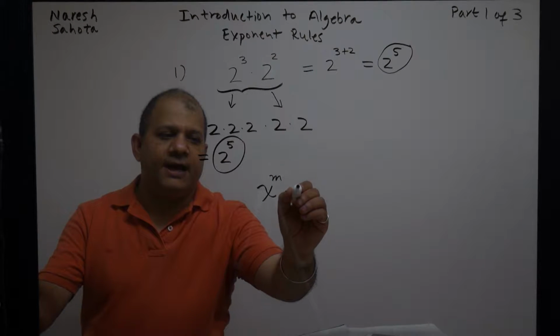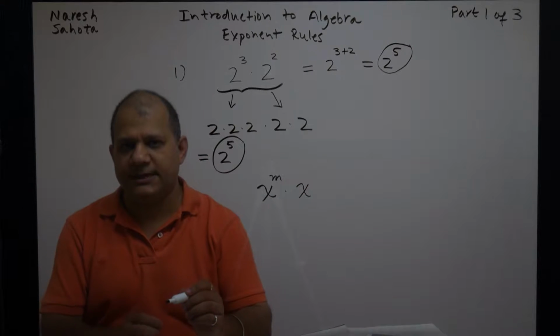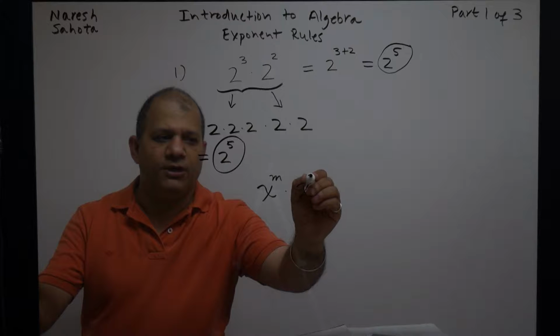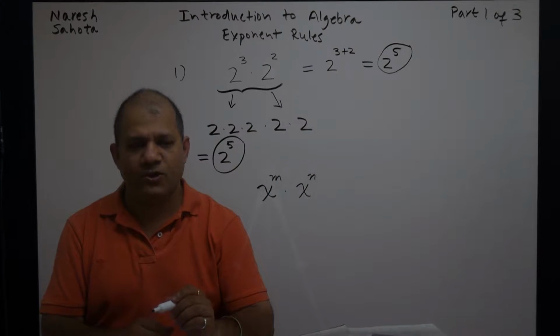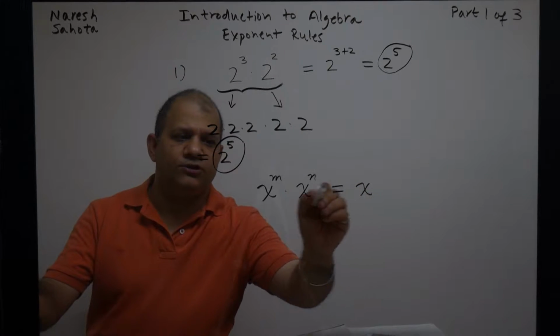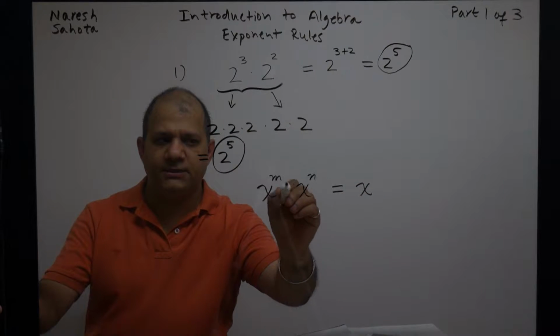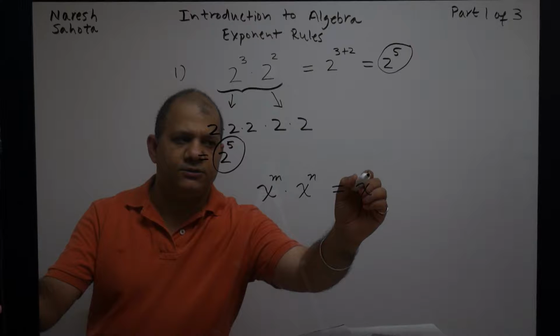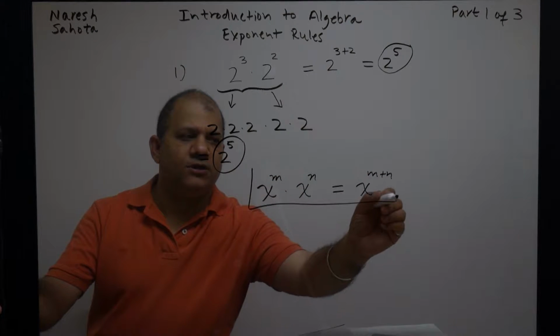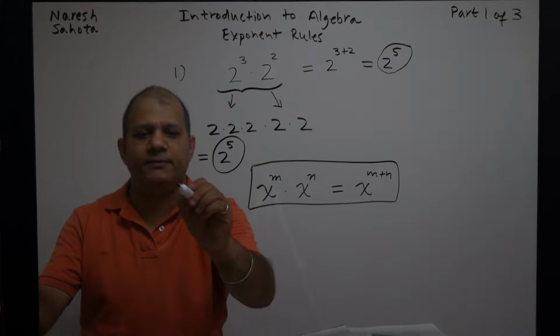So times, if I have another base, it has to be the same base, base x, but now has an exponent of n. So what this will become is x to the, so we're multiplying with same bases, we add the exponents. So this is going to be m plus n. So this is our rule number 1.